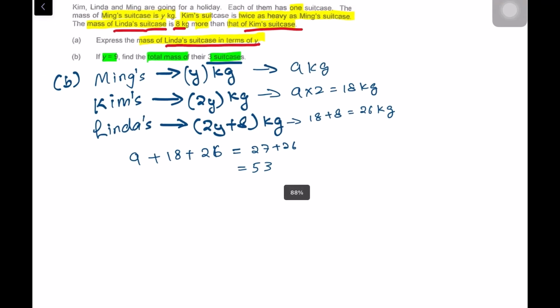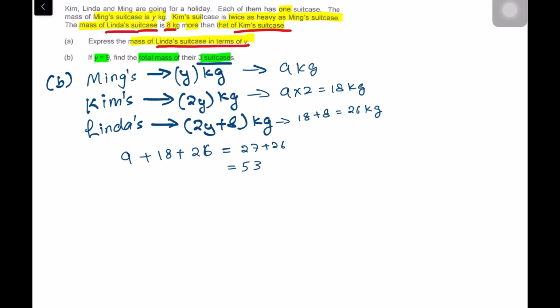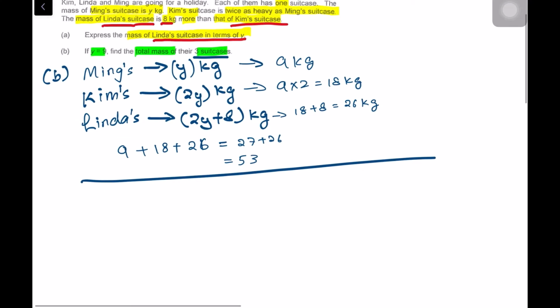The second method, which I prefer, is this. First, you simplify all the three algebraic expressions. So we have Ming's suitcase mass plus Kim's suitcase mass plus Linda's suitcase mass. This is the total mass, right?